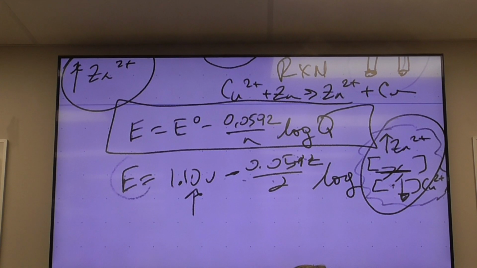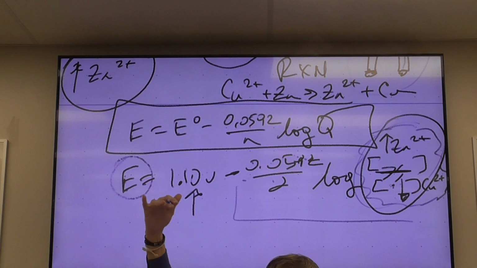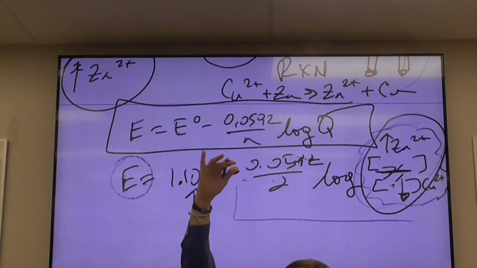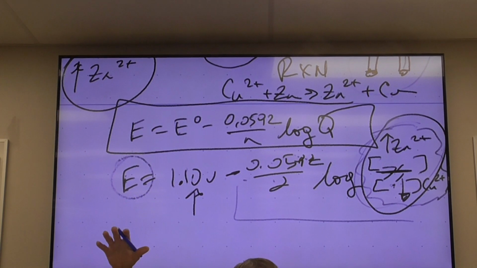But what's going to happen to your E value? It's going to drop, because the log number will get bigger. You're taking the log of a number bigger than 1, so it in effect gets subtracted. There's an inverse relationship between Q and E. As Q gets bigger, E gets smaller.